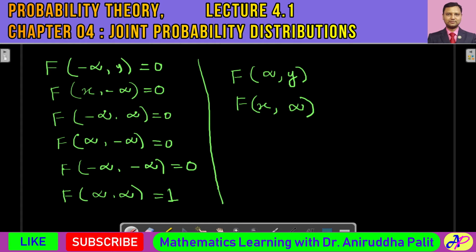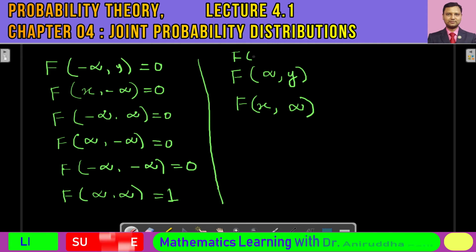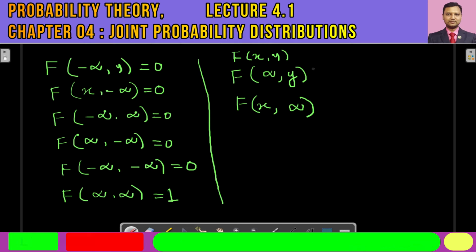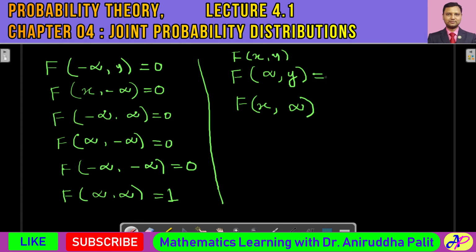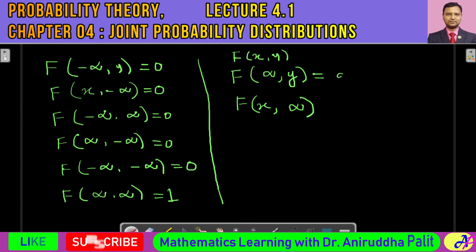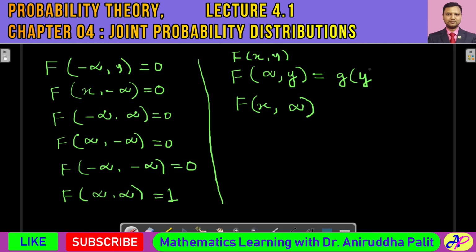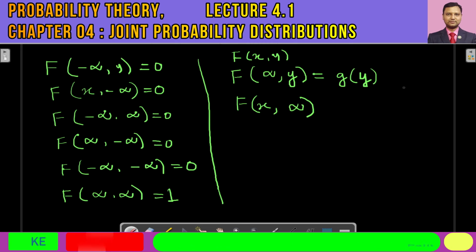And it has been generated from this two-dimensional function F of x comma y. All right. So we could write this function as, say, g of y, maybe something like that.